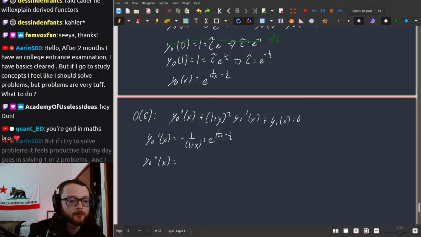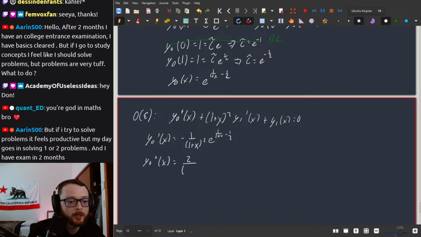Don't mess this up. 2 on top. Get rid of the negative sign. It's the first part of the product rule.